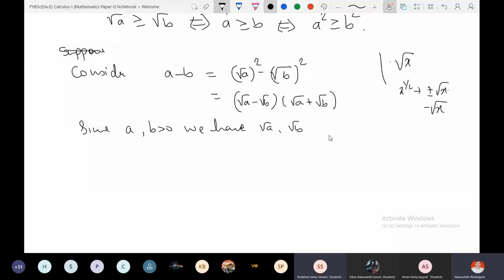They are real numbers. Can I definitely say that these are positive? Yes, they are greater than 0.